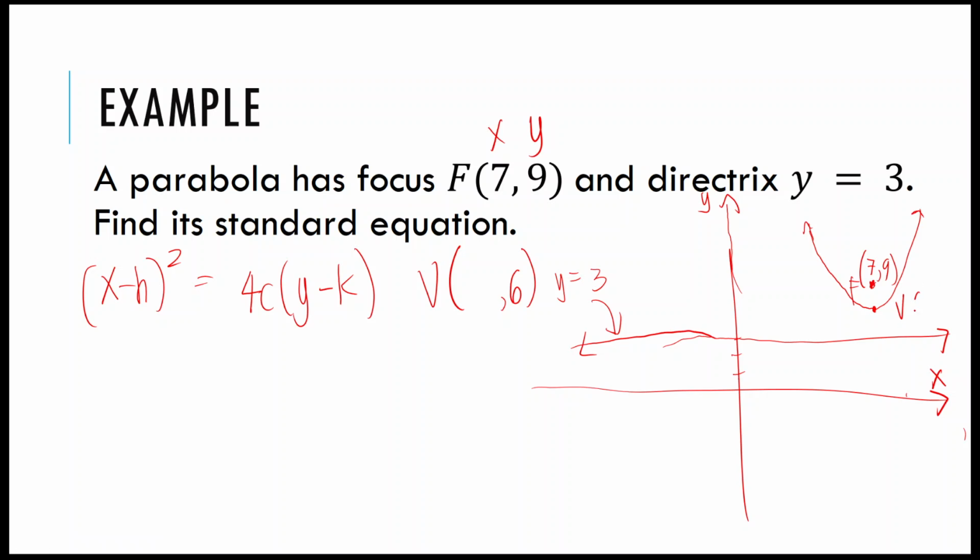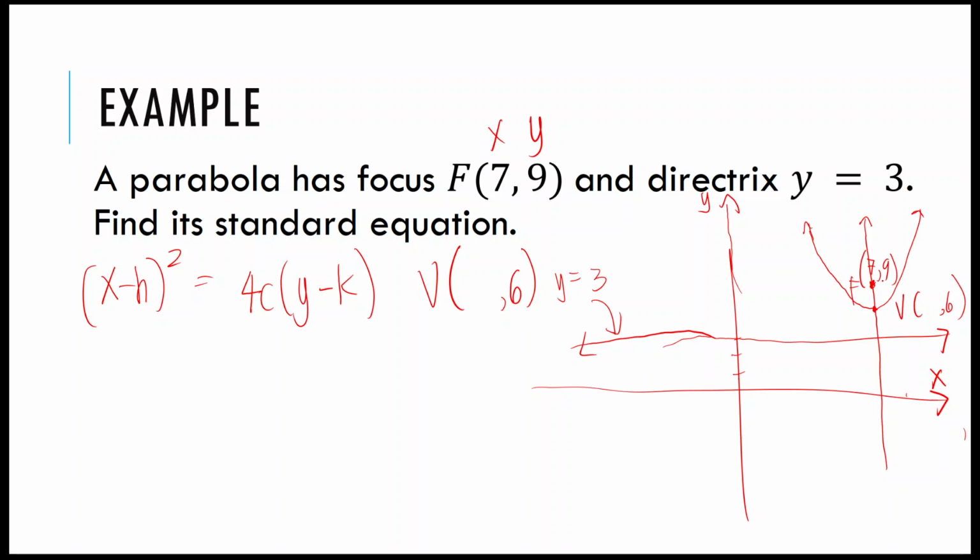So sulat natin yan. Okay, how about the x coordinate? We know that the focus and the vertex lie on the same line, which is the axis of symmetry, right? It passes through the vertex and focus. Therefore, the vertex and the focus have the same x coordinate. Kasi the vertex and the focus lie on the same straight line.